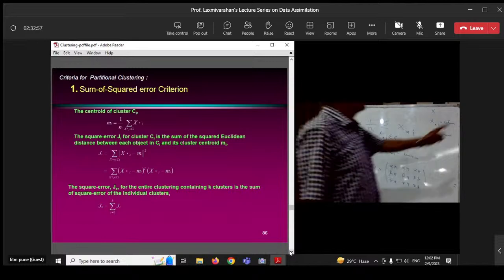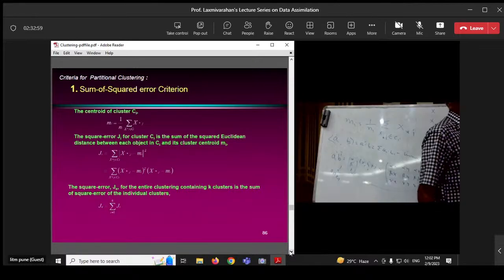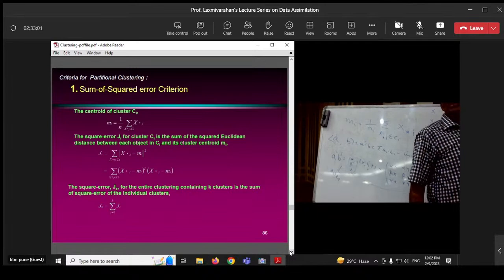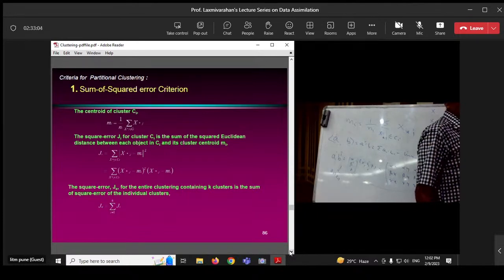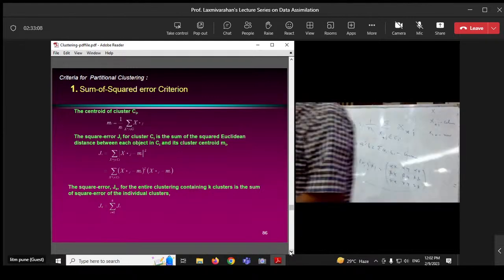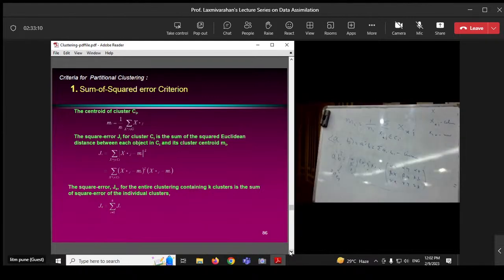So what is the Ji? Ji is a measure. I don't have a normalization. If I have a normalization, it will correspond to the total variance. So there is something proportional to the variance. That's what Ji is. You get the meaning of that, please, everybody? So each cluster I can associate the number Ji with that.